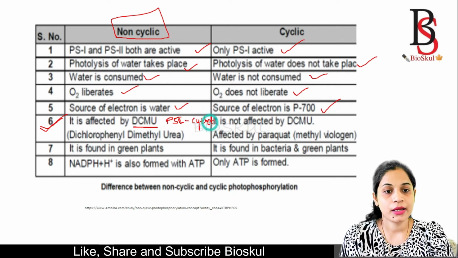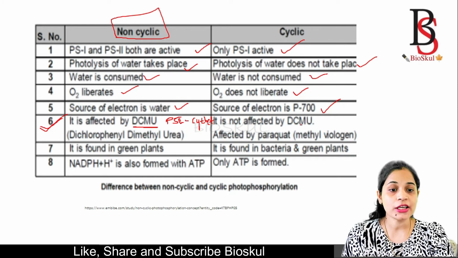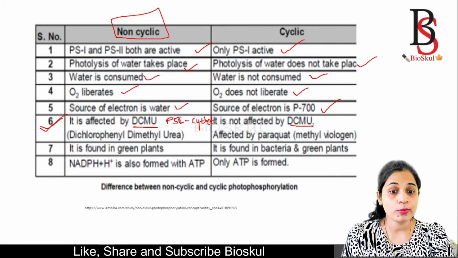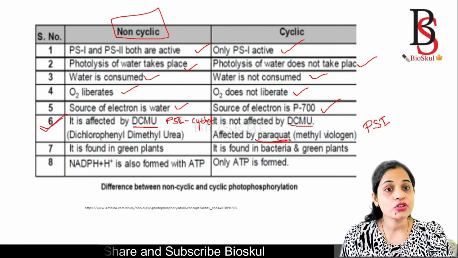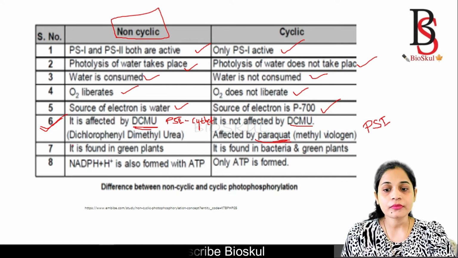Okay. And the cyclic photophosphorylation is not inhibited by DCMU, but it is inhibited by another one known as paraquat. Okay, it is inhibited by paraquat. That means the inhibitor of photosystem 1 is paraquat, whereas photosystem 2 is inhibited by DCMU.